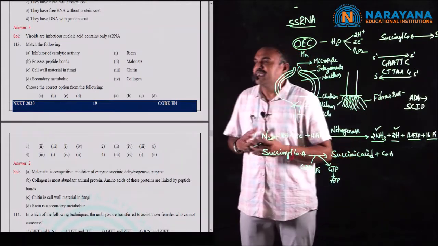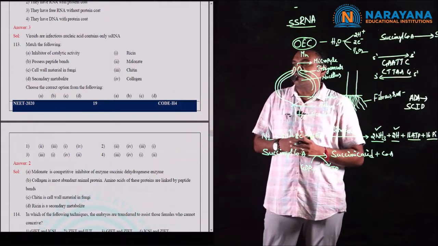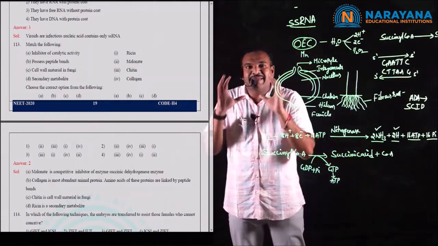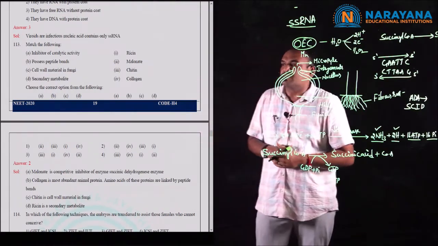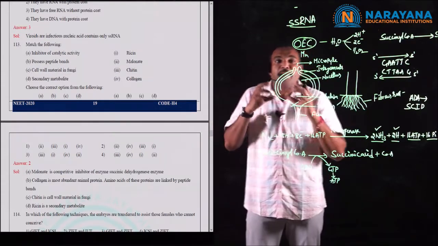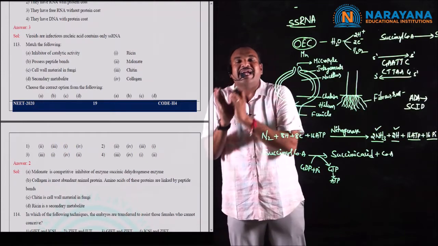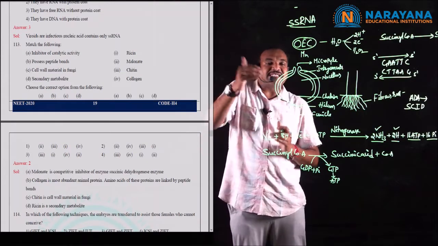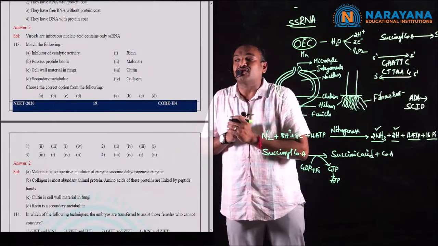For A, inhibitory activity, where the enzymatic activity is inhibited, we can observe malonate in column 2. Malonate is a competitive inhibitor of the enzyme succinic dehydrogenase. It competes with succinic acid, inhibiting the activity of succinic dehydrogenase.